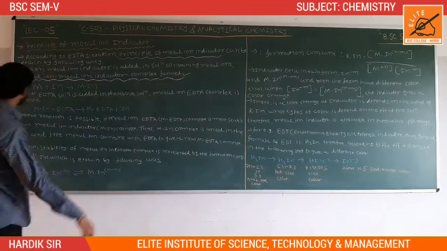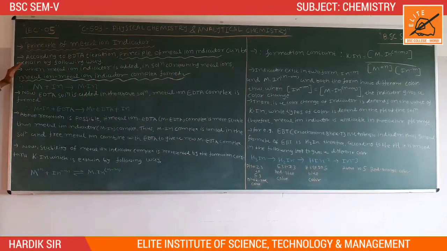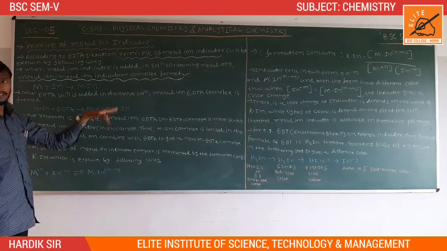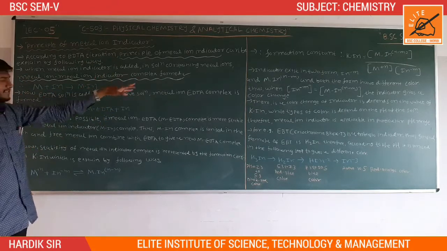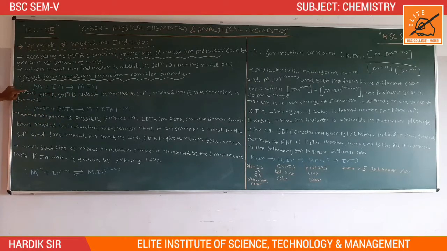So first of all, according to EDTA titration, the metal ion indicator is added to the solution containing metal ions. So the metal ion indicator complex is formed, and this is our general reaction.